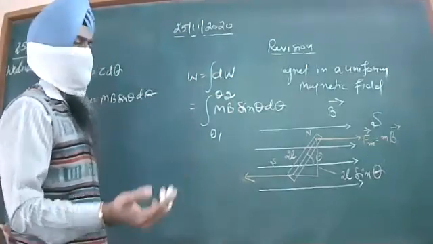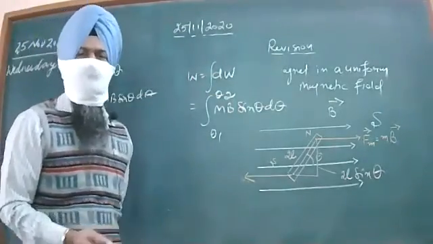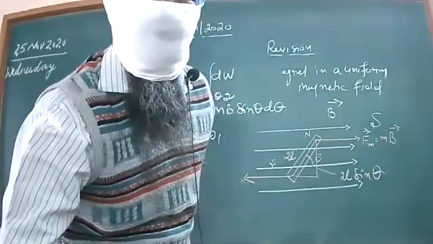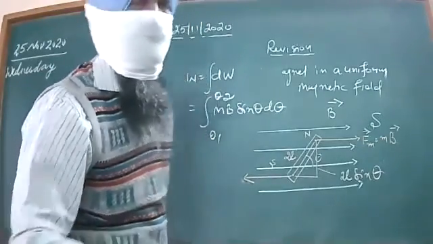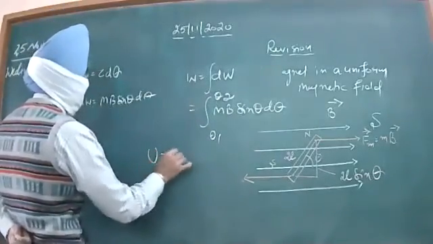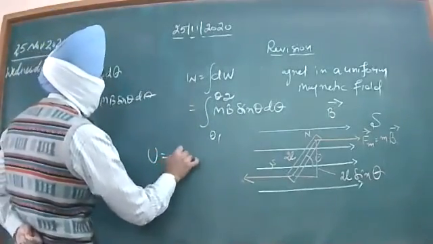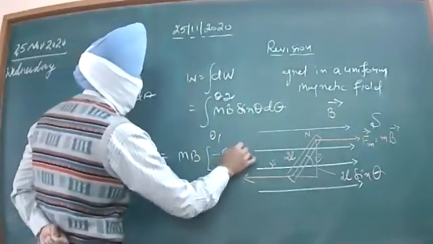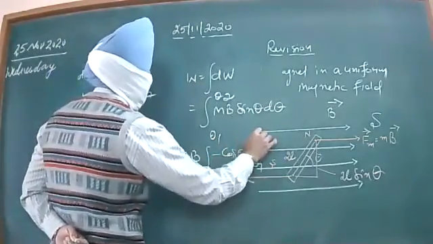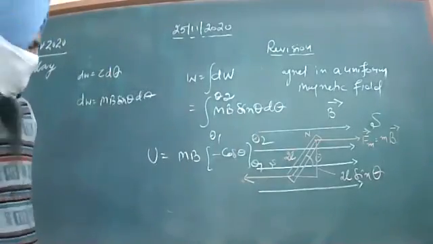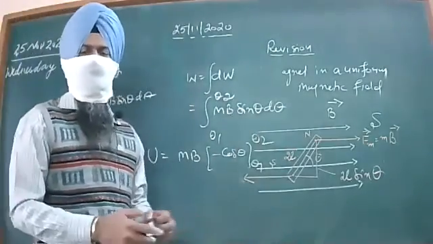Suppose initially your magnet is making an angle theta 1 and then it is making an angle theta 2 with the magnetic field. We just substitute the values and this work done will be stored in the form of potential energy. It will be mB times the integral of sine, which is minus cos theta, from theta 1 to theta 2 as the limits. We put these in. So that was your potential energy.